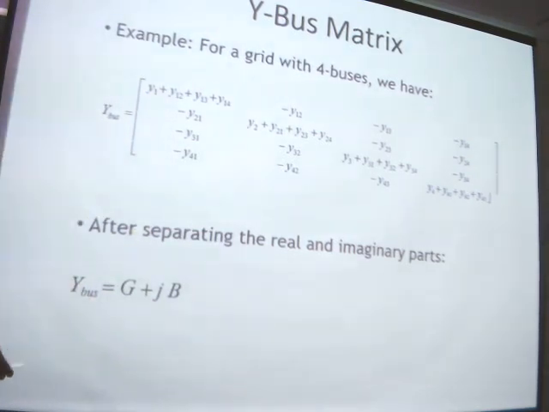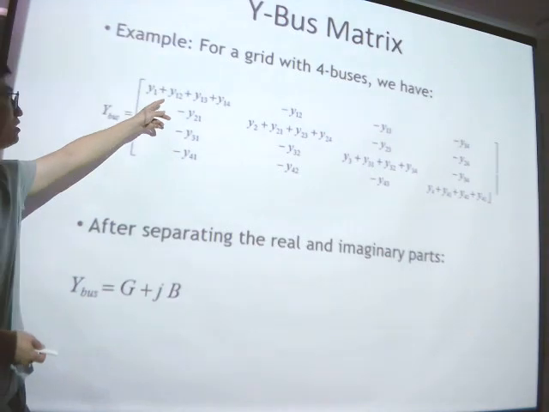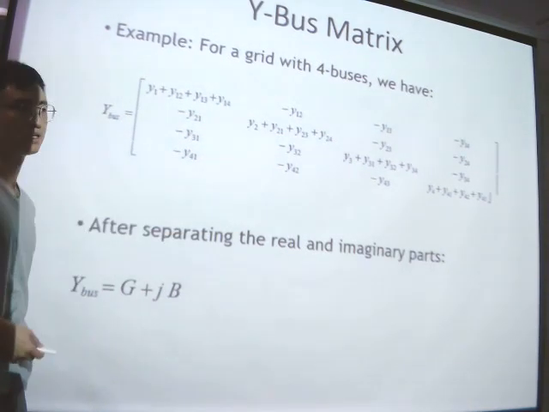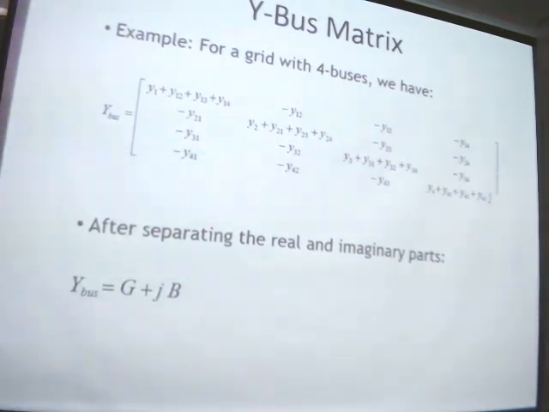This Y1 is called the serve admittance, the admittance in the bars. And Y2, Y3, Y4 are the transmission line admittances, okay?